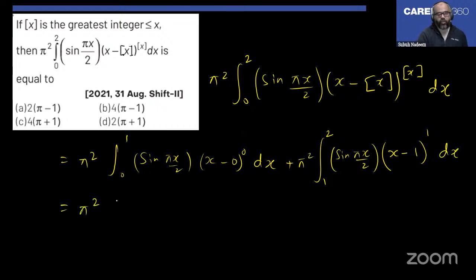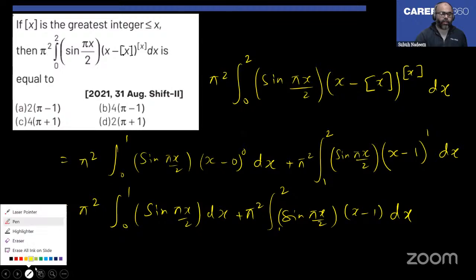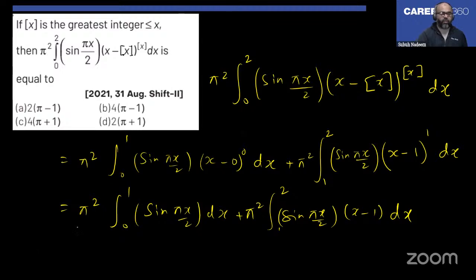So this is pi square, 0 to 1 sine pi x by 2 dx plus pi square, 1 to 2 sine pi x by 2 into x minus 1 dx. So when you do this, this is equal to pi square.